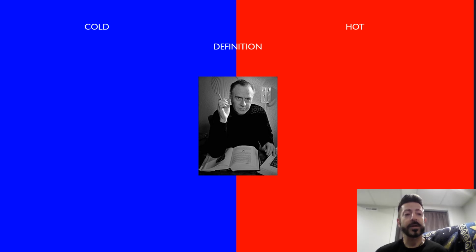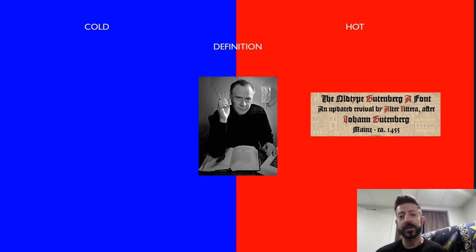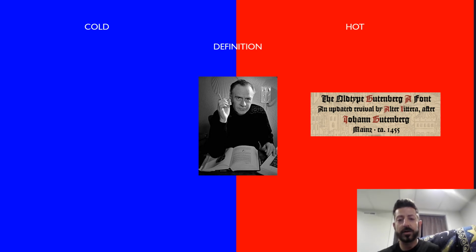Hot is extending a sense of high definition; McLuhan indicated that it is well filled with data. Cold mediums have low definition and allow for more audience interpretation.